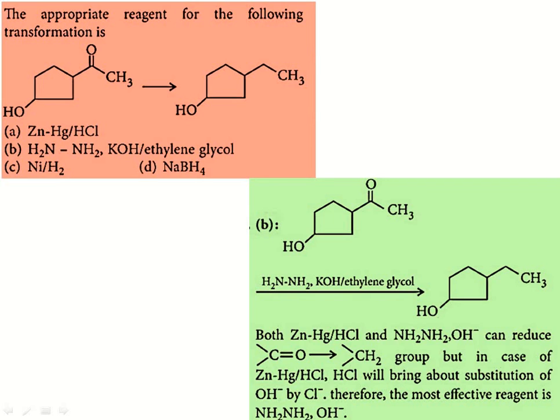In case of zinc amalgam and concentrated HCl, that will bring the substitution of OH minus by Cl minus. So that's why the more effective reagent will be taken in the reaction. So option B, that is hydrazine and KOH in the presence of glycol.